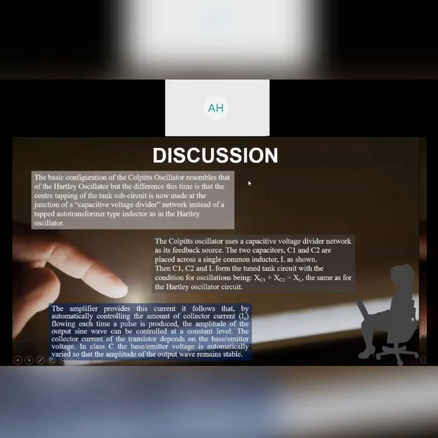For the discussion, the basic configuration of the Colpitts oscillator resembles that of the Hartley oscillator, but the difference this time is that the center tapping of the tank sub-circuit is now made at the junction of a capacitive voltage divider network instead of a tapped auto-transformer type inductor as in the Hartley oscillator. The Colpitts oscillator uses a capacitive voltage divider network as its feedback source.